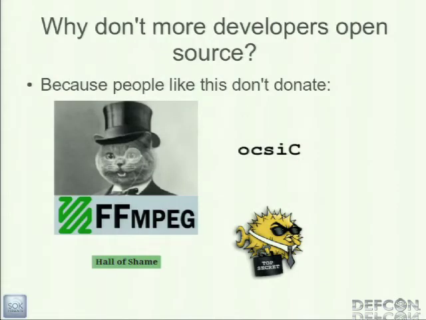So why don't more developers open source? The reason I bring this up is because I'm giving away really nascent, not production grade code. Just, here, use it, make it better. In general, that's how I did the thing, and I think it's because a lot of people build entire product lines on top of open source code and never donate back to the projects.